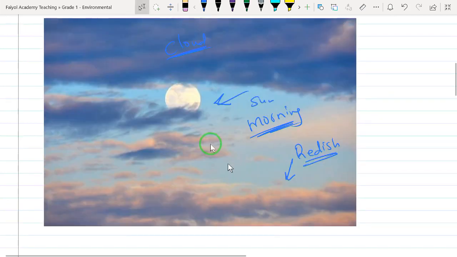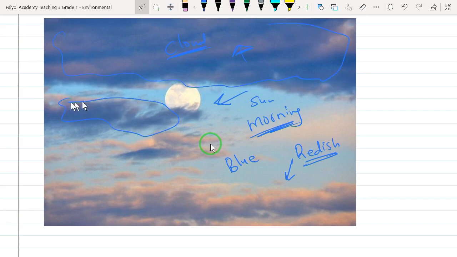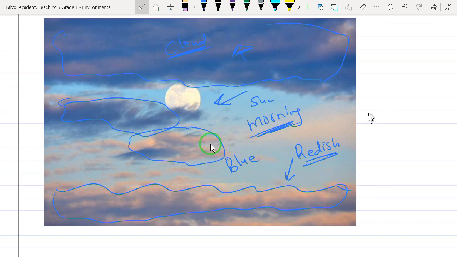This is a blue sky, and still the clouds sometimes might be darkish, like you are seeing here. All these are clouds, and still this is a cloud, another cloud. Sometimes the clouds are scattered, other times they are very dense. So this is what we see in the sky during the day or daytime.